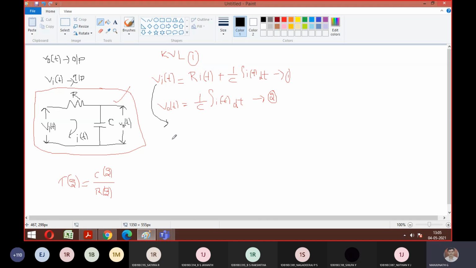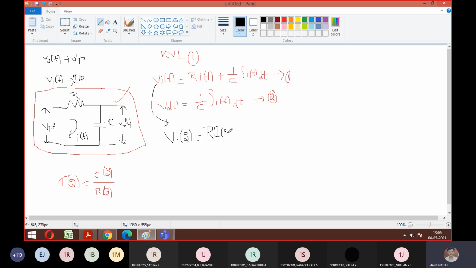Small vi will become capital Vi, and t is replaced with s. The Laplace of a constant term remains the constant term only. What does I of t become now? I of S.